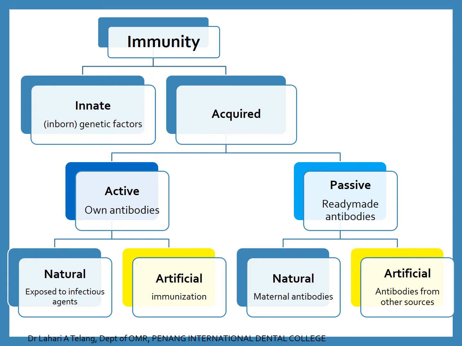Active immunity is when you develop your own antibodies, which could be natural by getting exposed to infectious agents, for example, when you have an exposure to a viral infection, the body develops antibodies and hence gets natural acquired immunity. On the other hand, immunity can be acquired by artificial methods like immunization, where antibodies are induced or injected into the body.